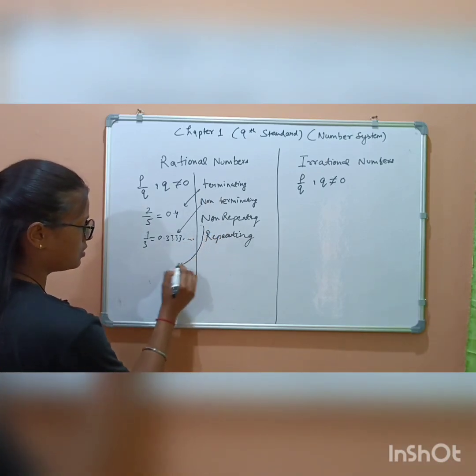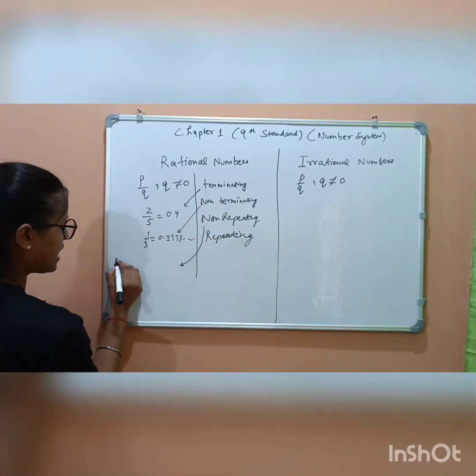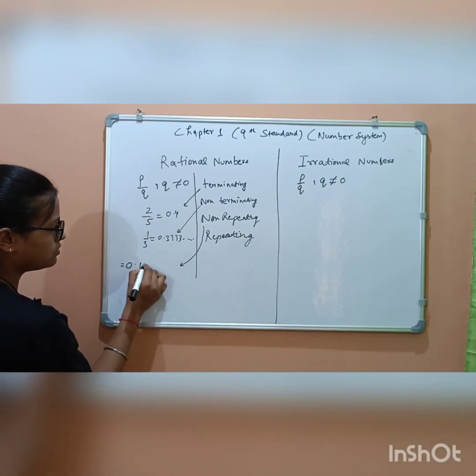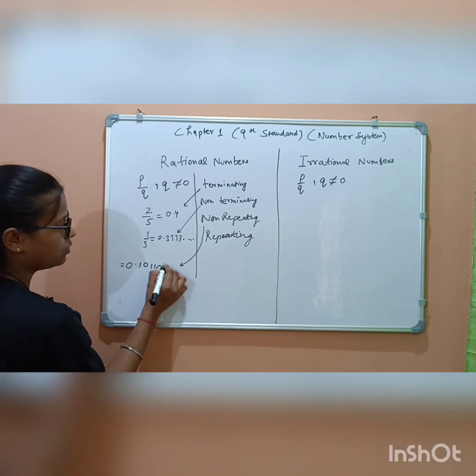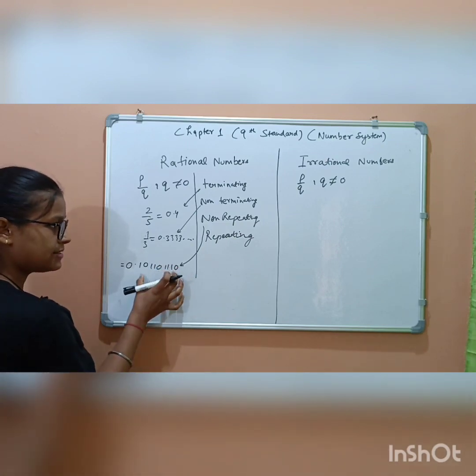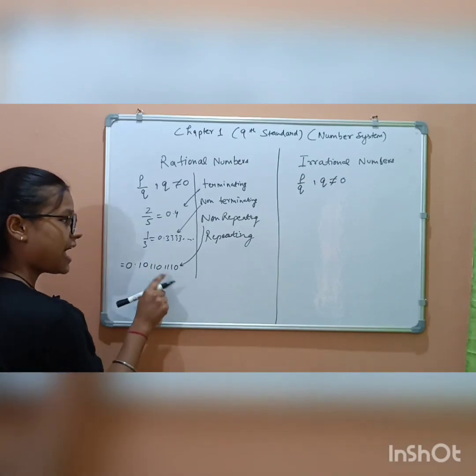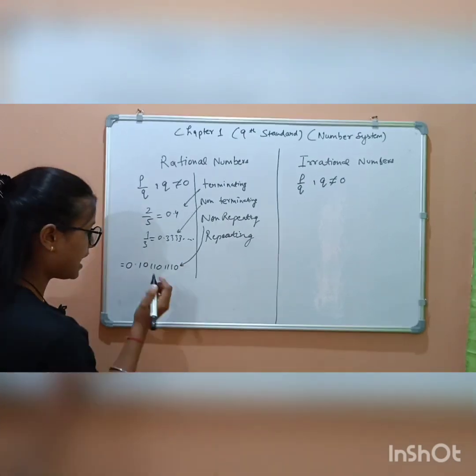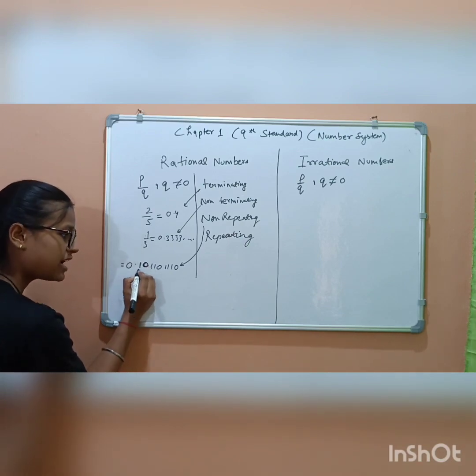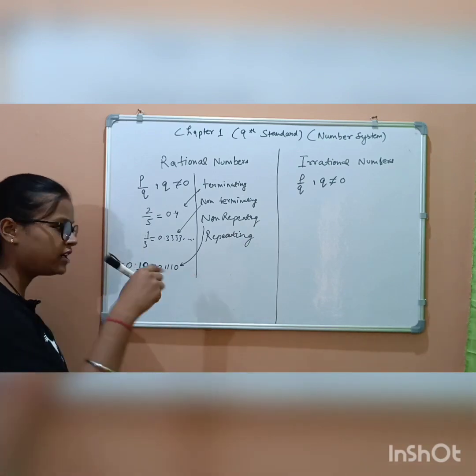Third one is non-repeating. That means if your number is like 0.10110111 0, it is non-terminating as well as non-repeating. That means 1 is repeating, 0 is repeating, but here only 1 comes for 1 time.